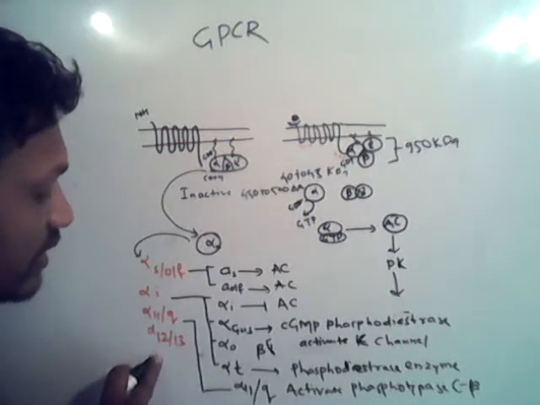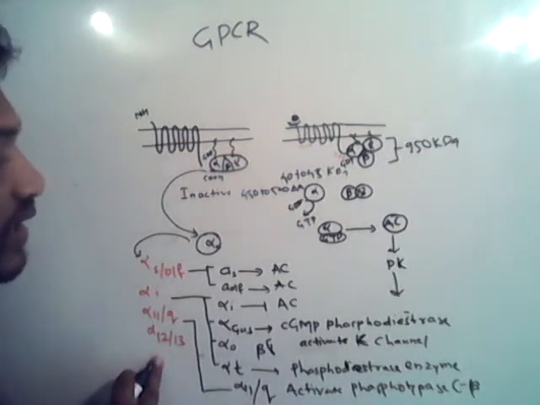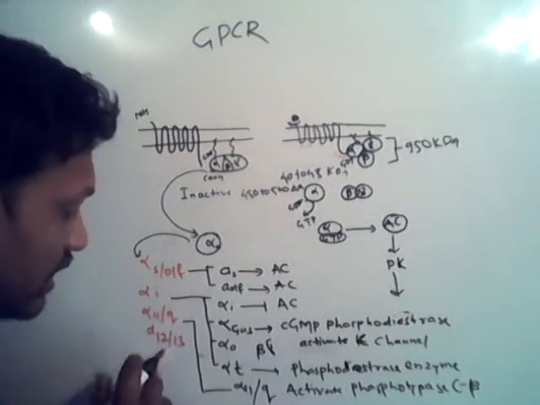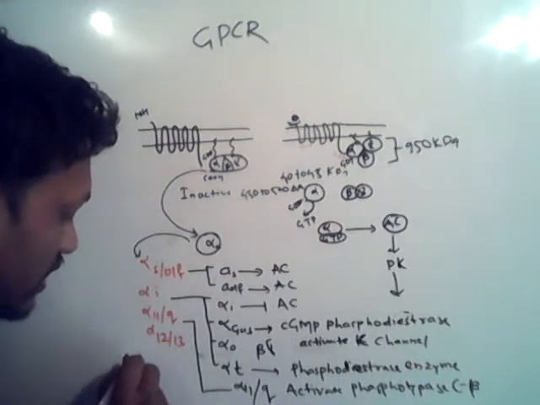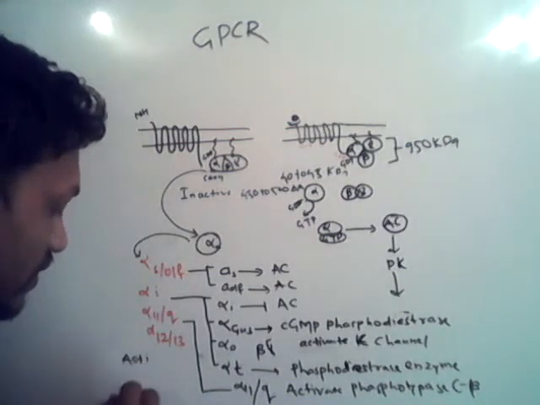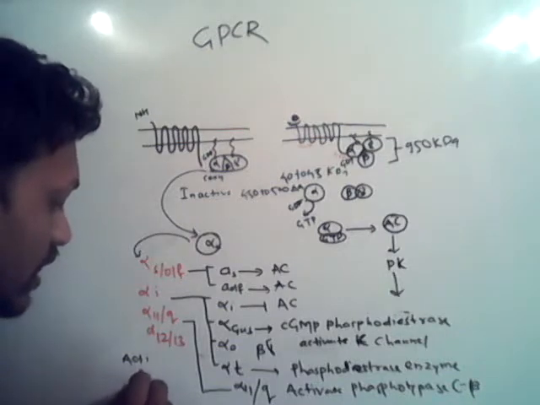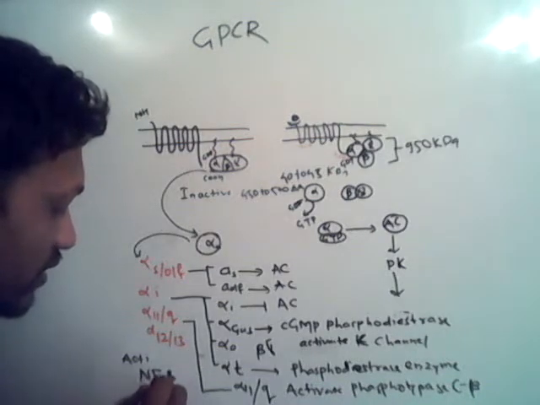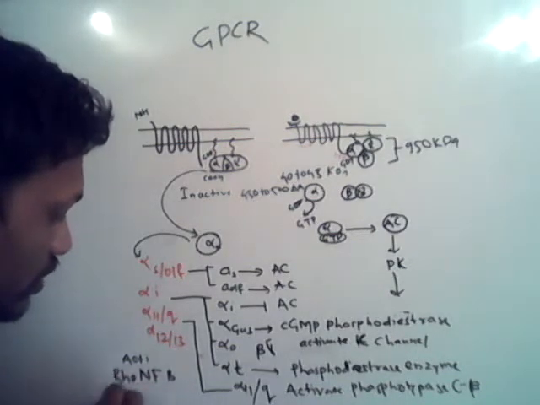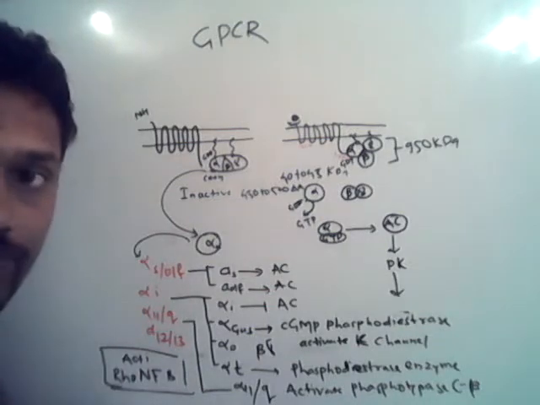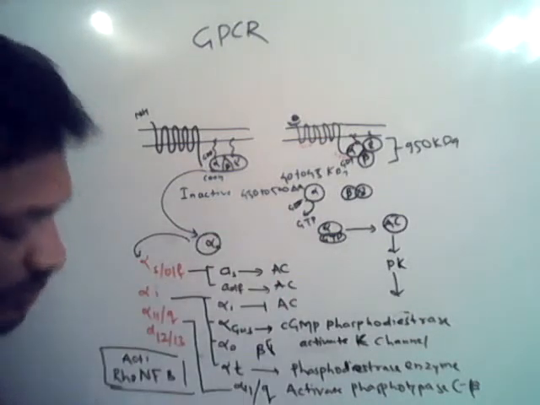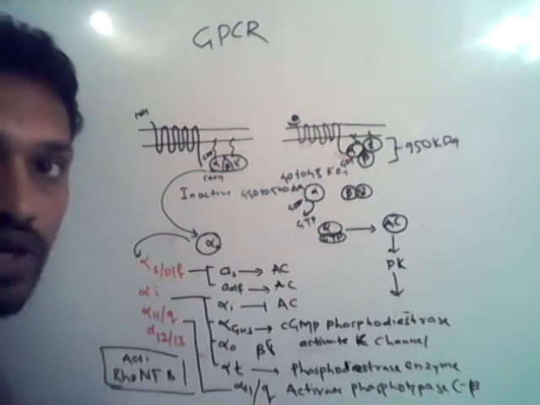So what happens in 12 and 13? In case of 12 and 13, it activates Rho nucleotide binding factor. Depending upon which kind of subunit is present, they perform several activities.